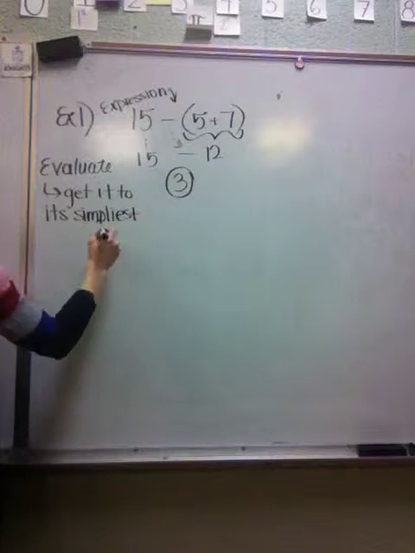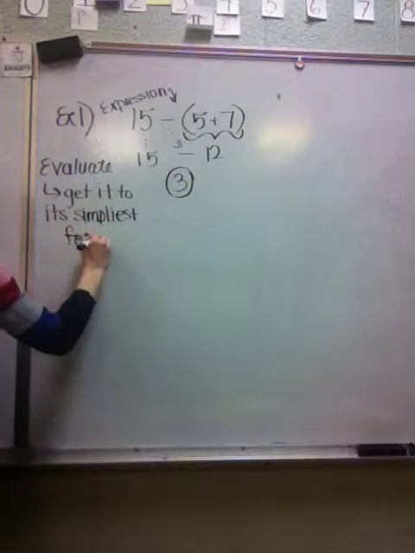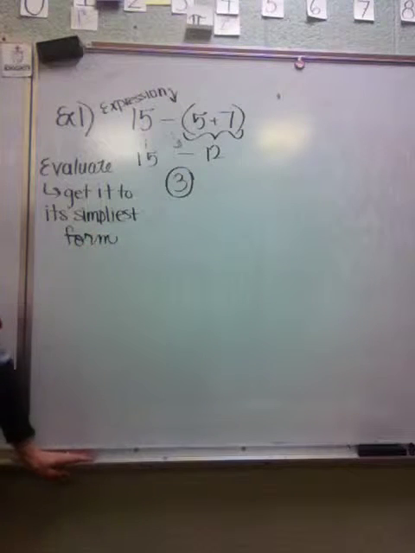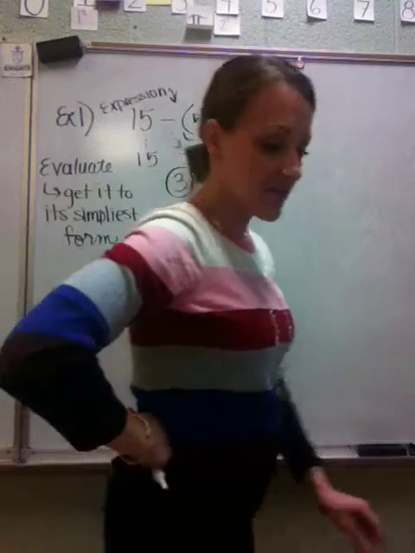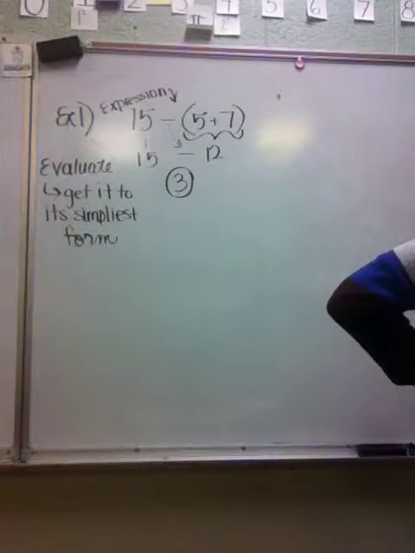Is that how you spell simplest form? Yeah. It's been a long day. It doesn't look right, but I guess, okay. Simplest form. Does that make sense? All right, let's go through some examples.